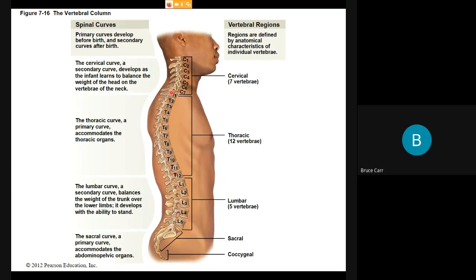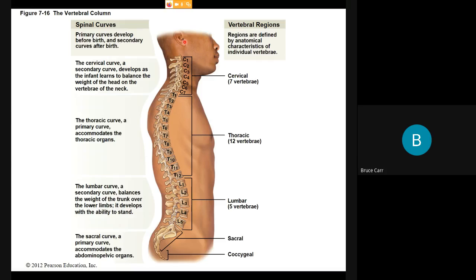Now, the way this spine develops into a double recurved column. Here you notice a cervical curve, a thoracic curve, a lumbar curve, and a sacral curve, always alternating in the direction of the bulge. One of the first things the baby learns to do is hold its head up.